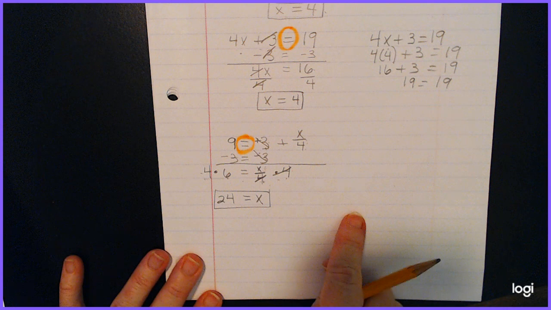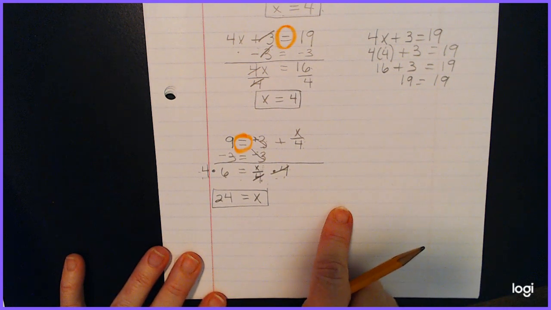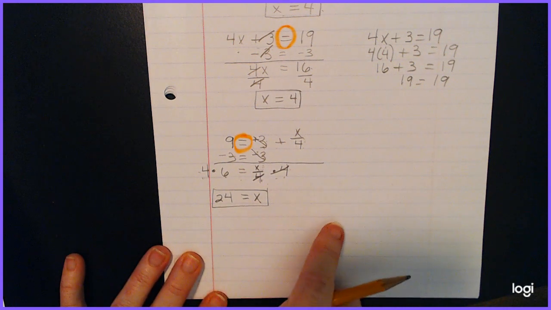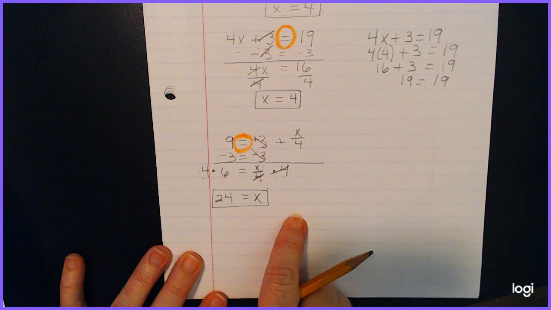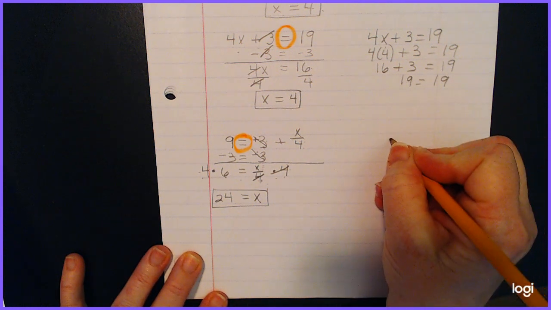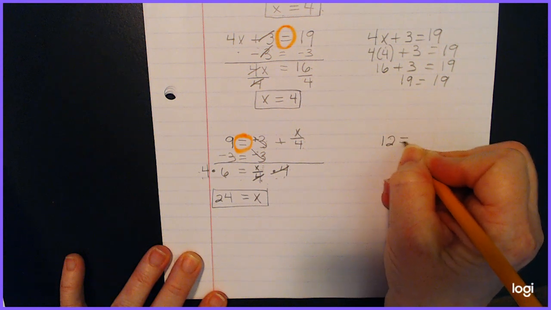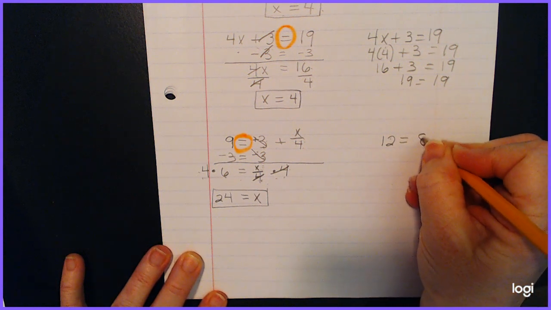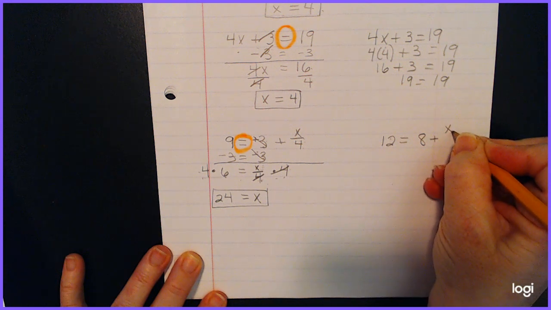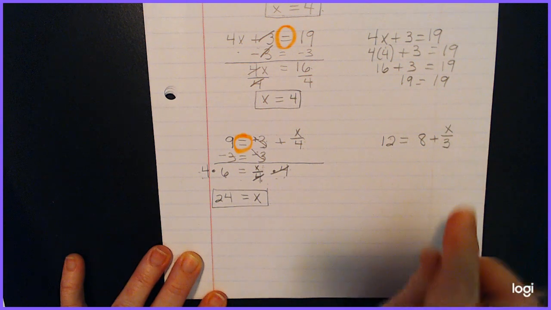All right, so I'm going to ask you to go ahead and see if you can solve a problem that's almost identical to this one, except I'm going to write it this way here. Let's see, we're going to have 12 equals 8 plus x divided by 3.